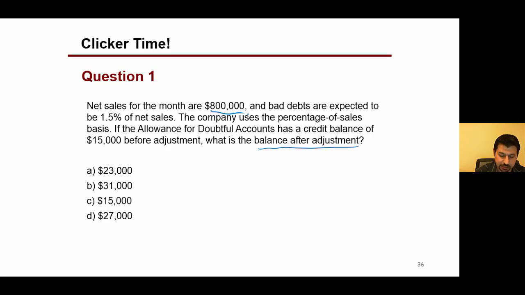Net sales are 800,000, and we are using here the percentage of sales. Once again, let's use the T account, allowance for doubtful accounts.